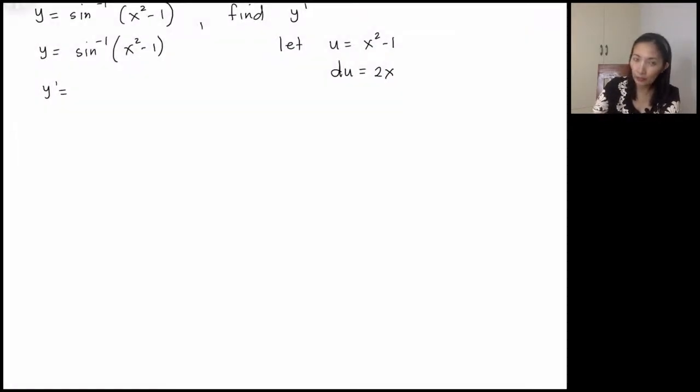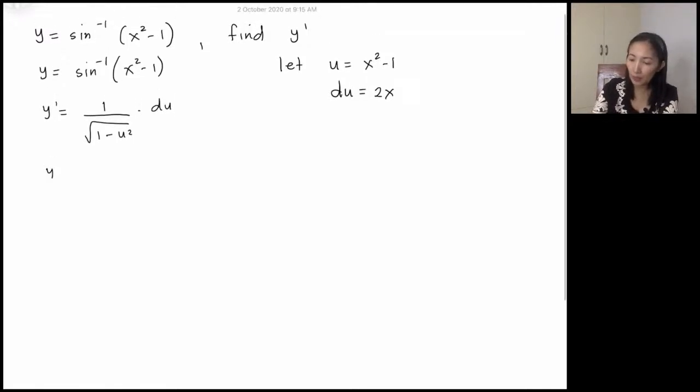So your y prime takes the form 1 over the square root of 1 minus u squared times du. Or simply, y prime is equal to du over the square root of 1 minus u squared.